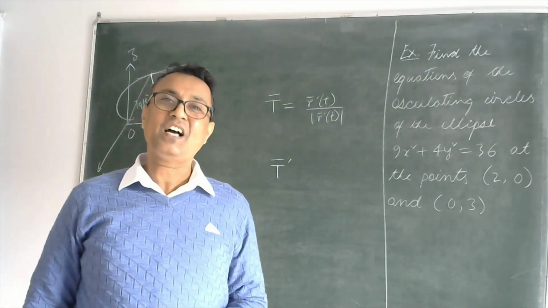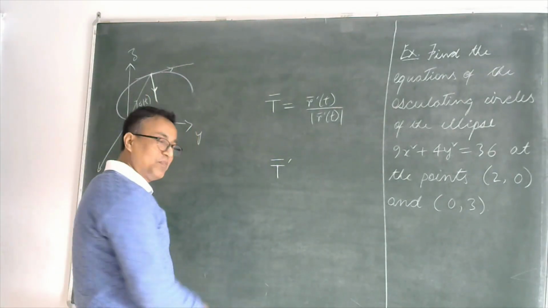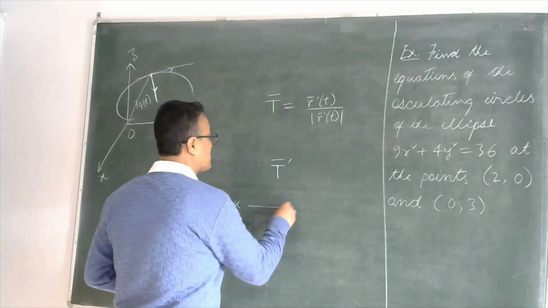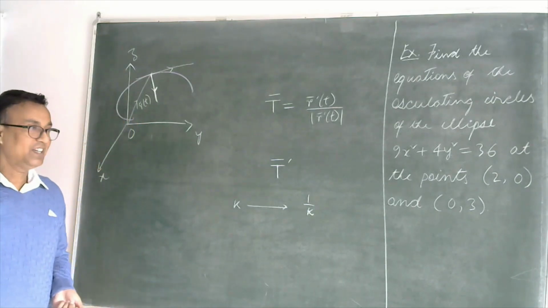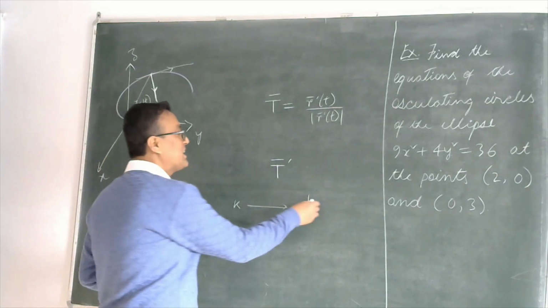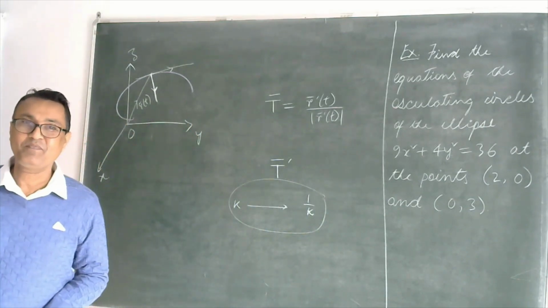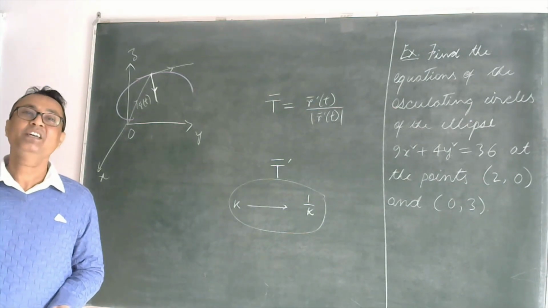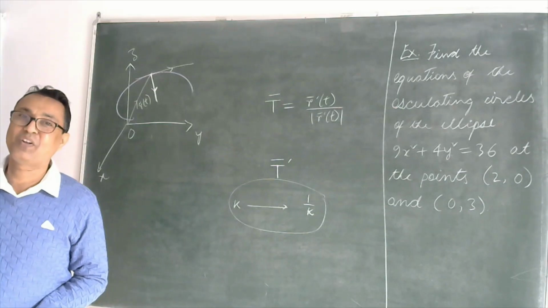She asked, if the curvature of a curve is kappa, then why is the radius of curvature 1 by kappa? I would like to explain this today, and along with that, you will get to know about another utility of the normal.